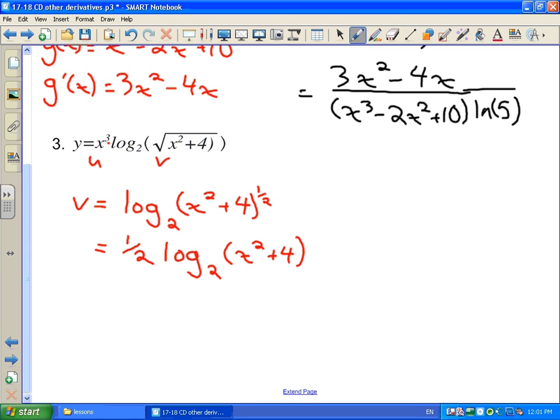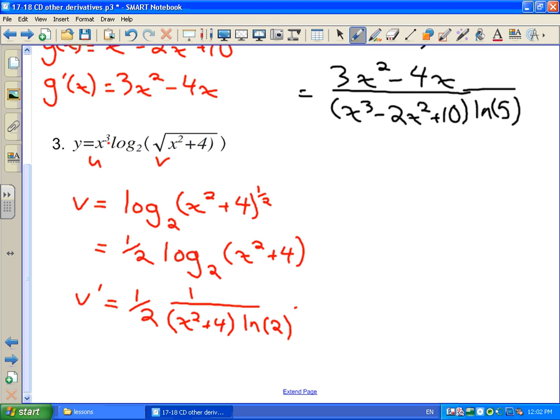Okay, so now let's do our derivative here. So we're going to have that 1/2 is just going to stay out front. So we're going to have 1/2. To do our logarithm, we're going to have 1 over that inner function, which is x squared plus 4. Okay, that gets multiplied by the ln of the base, so ln 2. And then the whole thing gets multiplied by the derivative of that function that's inside the logarithm, so that 2x.